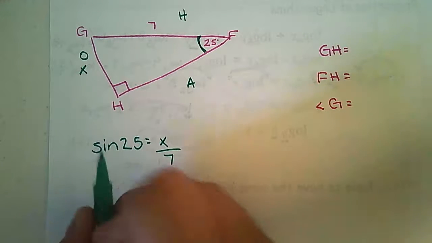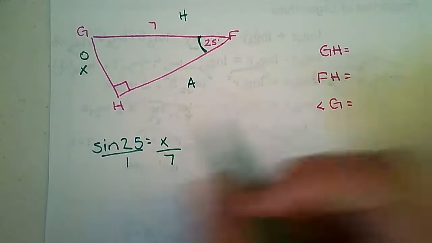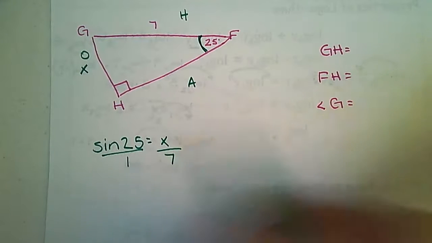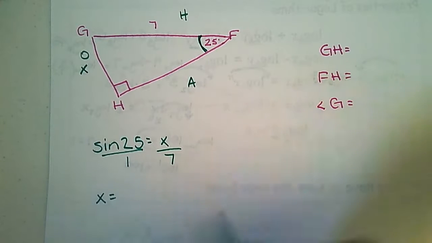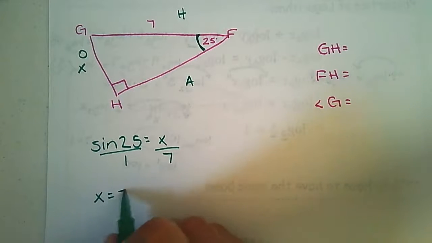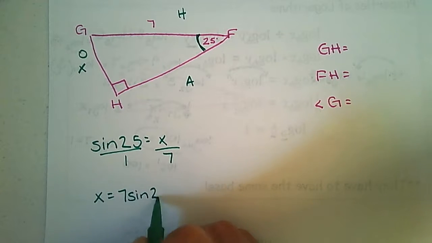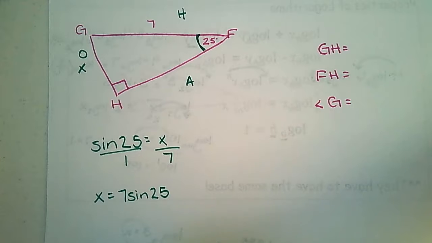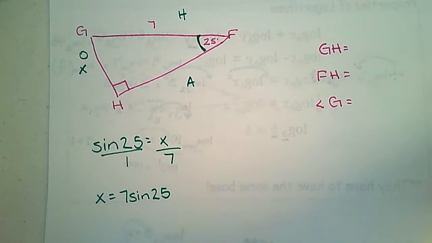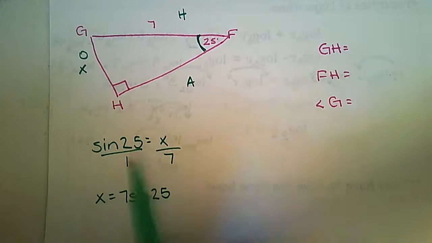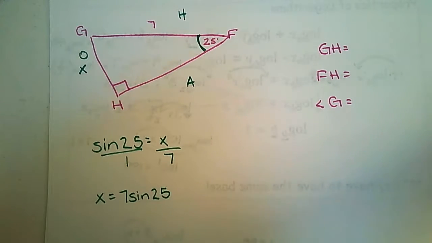And now remember from there what we did is we cross multiplied. So 1 times x is just x. And I'm going to have 7 times the sine of 25. And notice x is all by itself, so I don't need to do anything further than that. I just need to type 7 times the sine of 25 into my calculator. And notice I'm not solving for the angle, so I don't need to do that -1 thing.